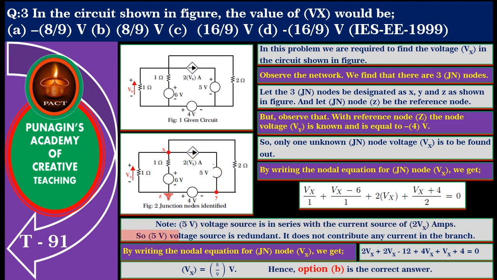So, the 5 volt voltage source is redundant and it does not contribute any current in the branch. This is very important and you should remember this concept. By solving the simple equation, we get Vx is equal to 8 divided by 9 volts. Hence, option B is the correct answer.